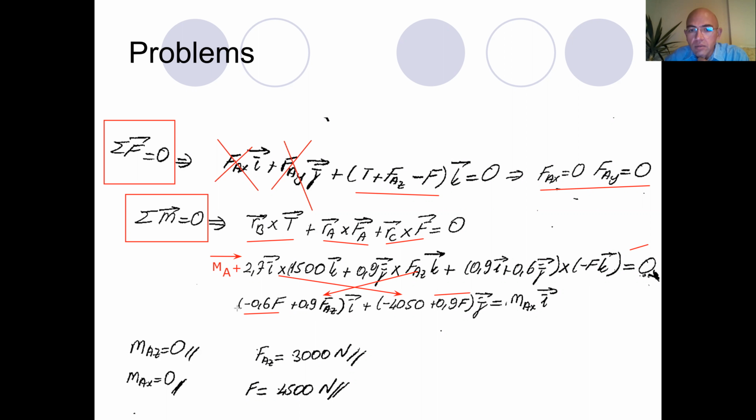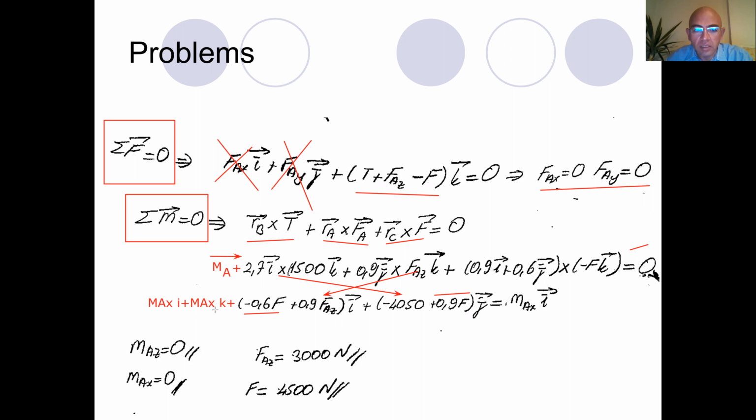Now, let me make a correction to the expression. i is a vector, k is a vector.